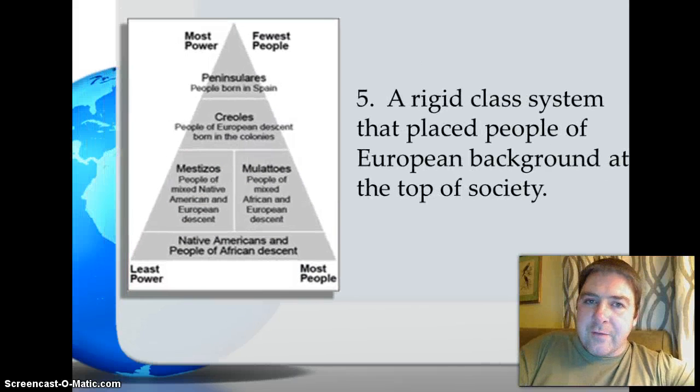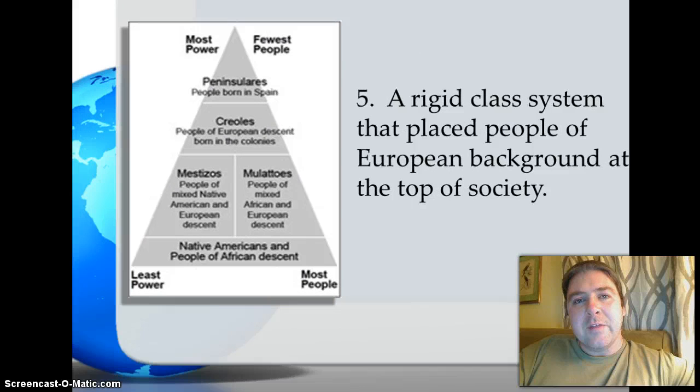Okay, and our fifth characteristic of the colonial system is again something that we reviewed back in Standard 4D, that rigid class system that the Europeans bring with them and impose on Latin America.